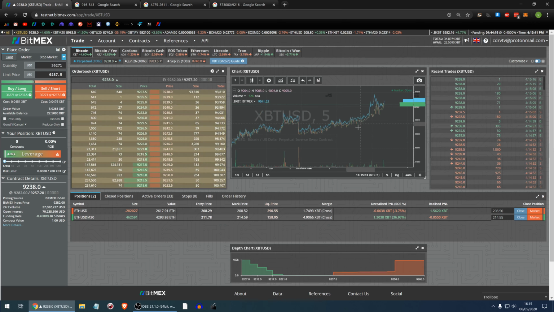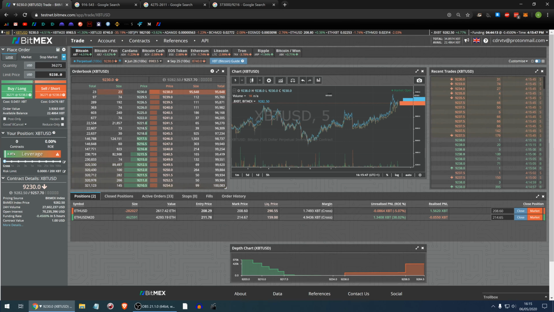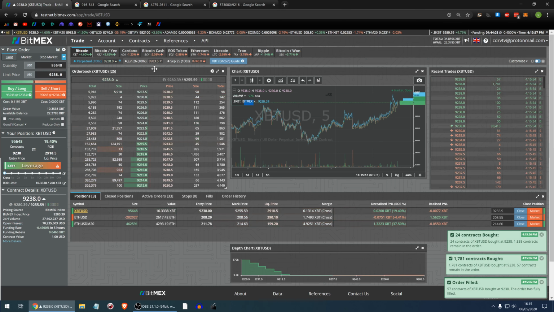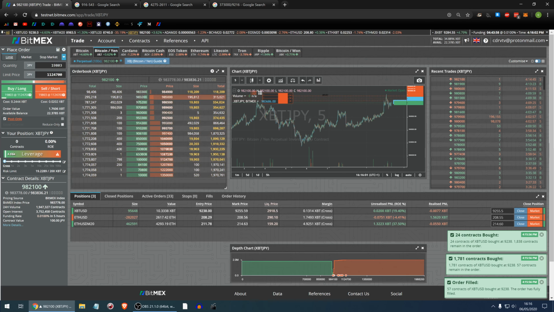The BTC USD pair is remarkably short. How about we just buy this? Yeah, that's a good buy. So that's 10.35 BTC. So let's just sell 5 BTC here and 5 BTC there.